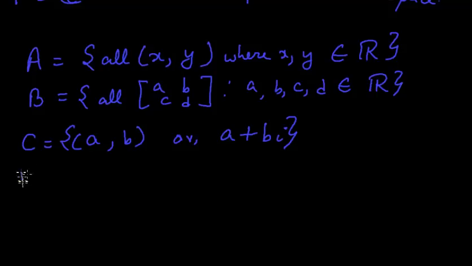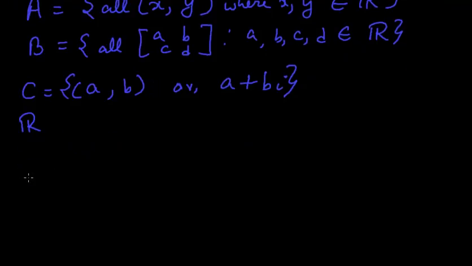The real numbers themselves are also a vector space, because we can add two real numbers, we can multiply a real number by a scalar, the real number, and they are all defined and the properties are satisfied. So this is also a vector space.